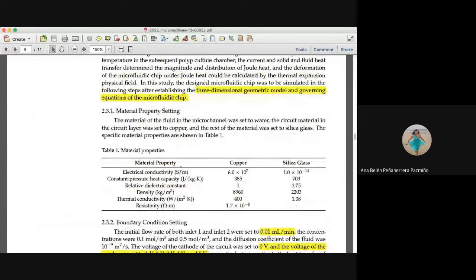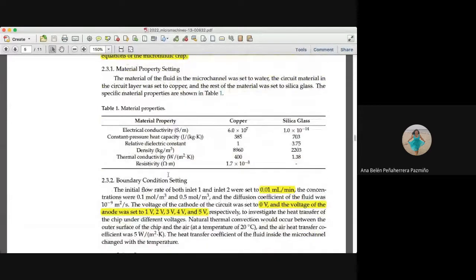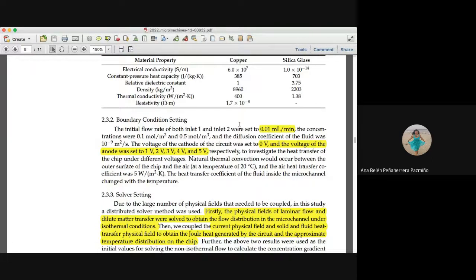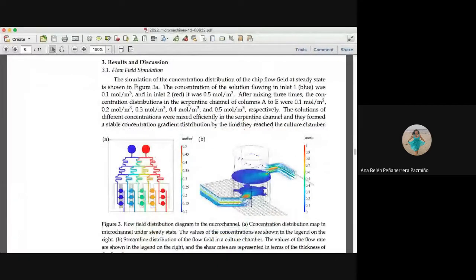So they list here the material properties. This chip is made of silicon glass, and here you see the electrical conductivity of silicon glass and also copper. So that's how they made this heat gradient, the temperature gradient.